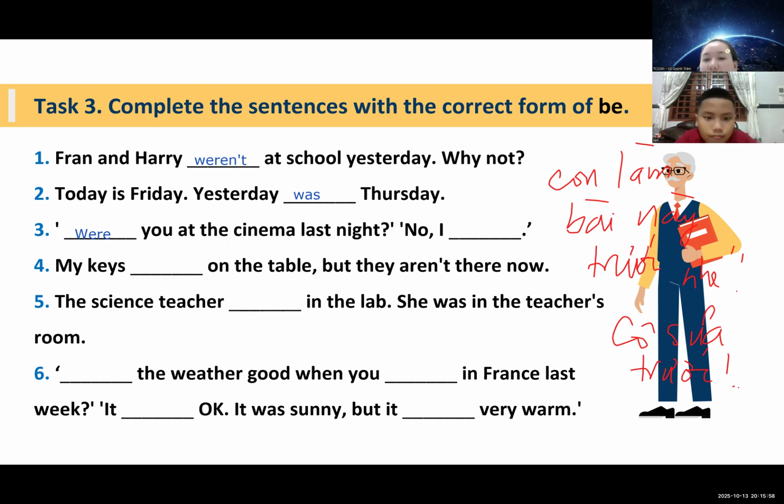Complete your sentences with the correct form of be. Friend and Harry weren't at school yesterday. Why not? Đúng là con, weren't là chính xác.